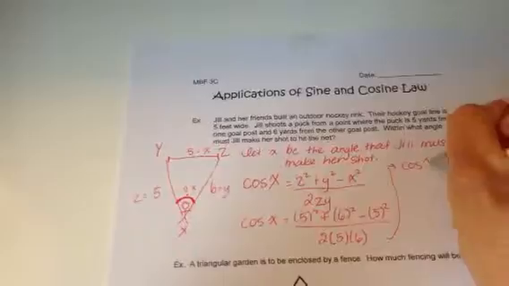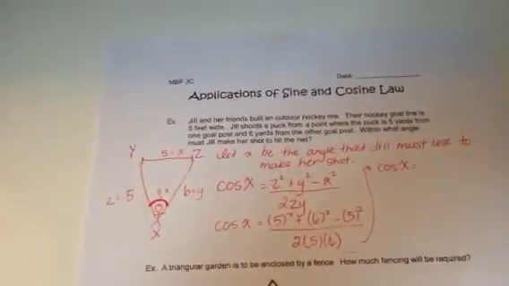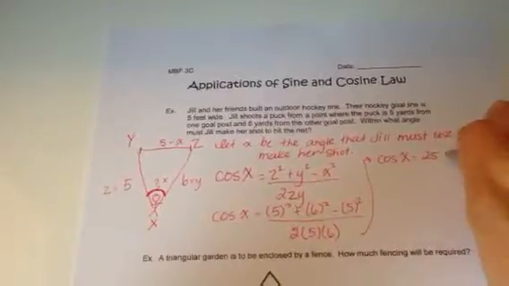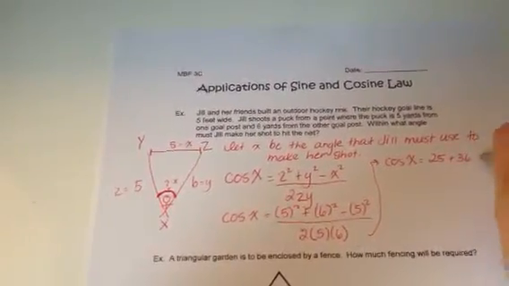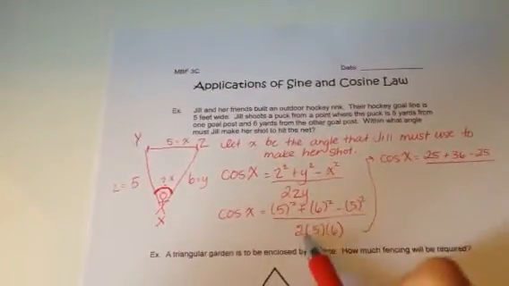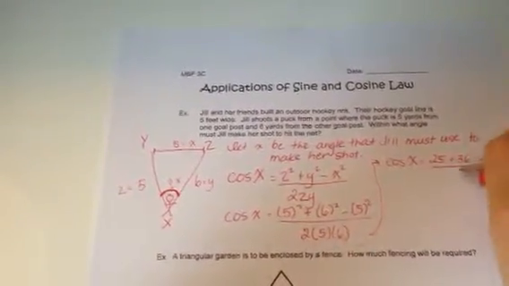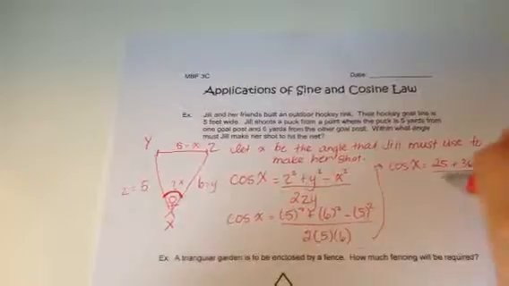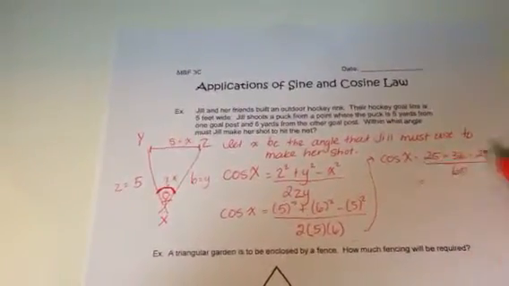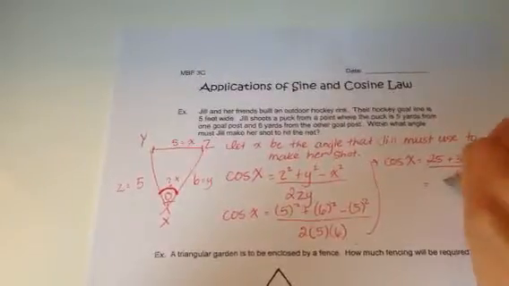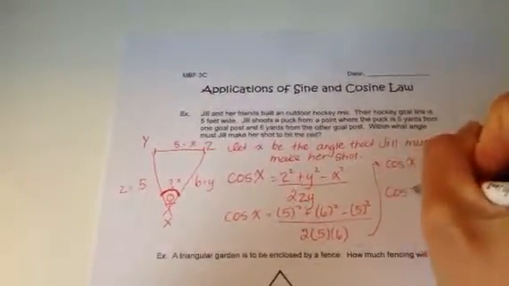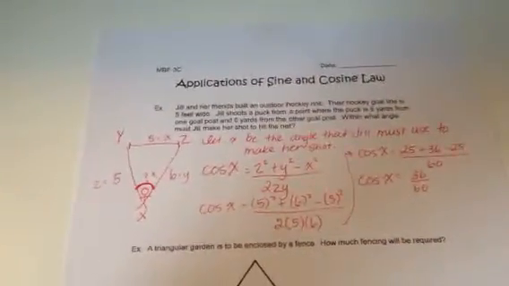So cos X is equal to 25 plus 36 minus 25 over 2 times 5 is 10 times 6 is 60. The 25s here will cancel out, 25 minus 25 is 0. So 36 over 60 is equal to cos X.